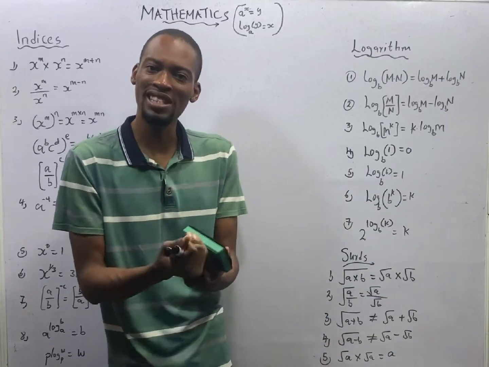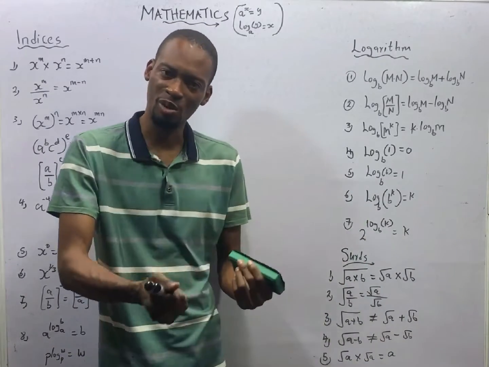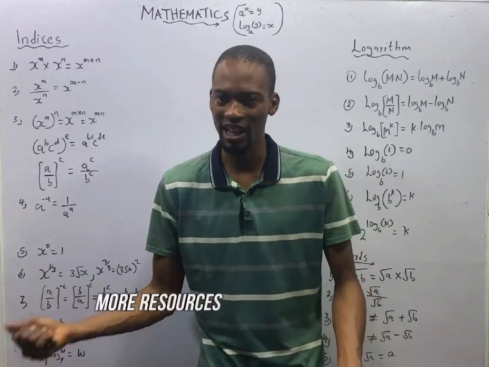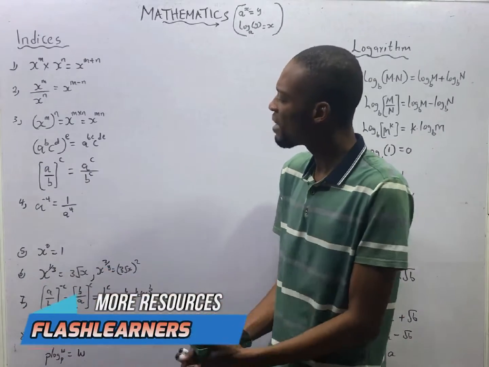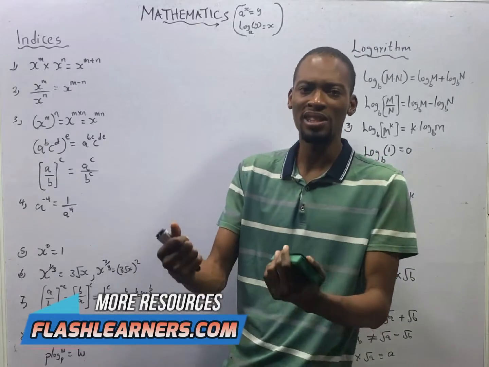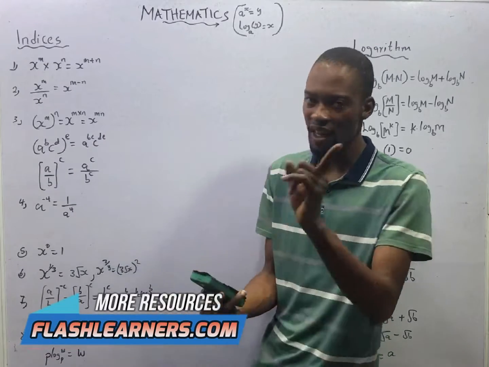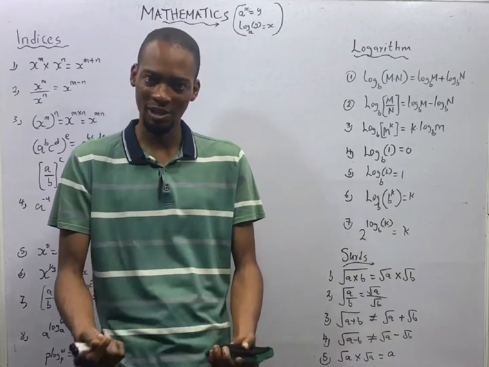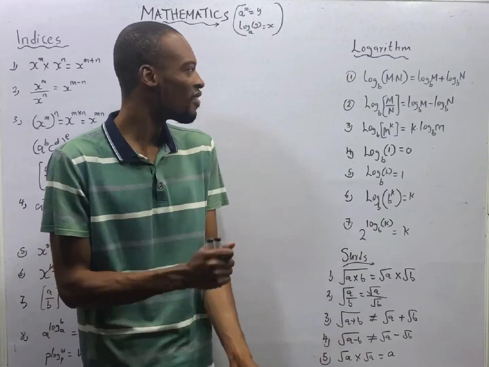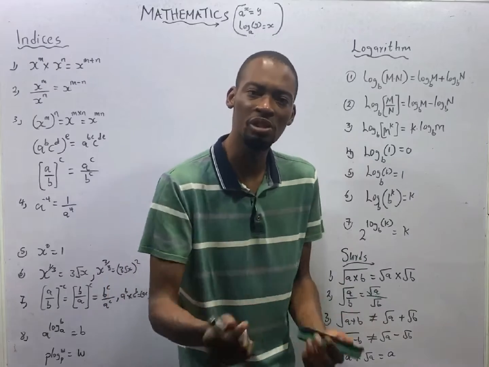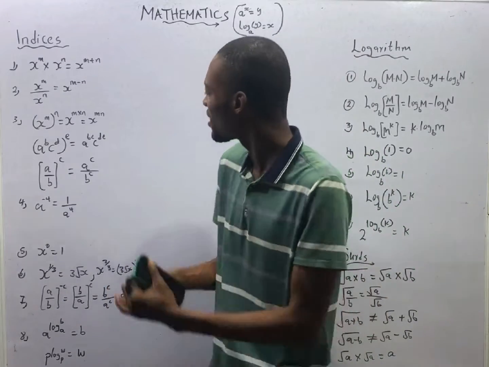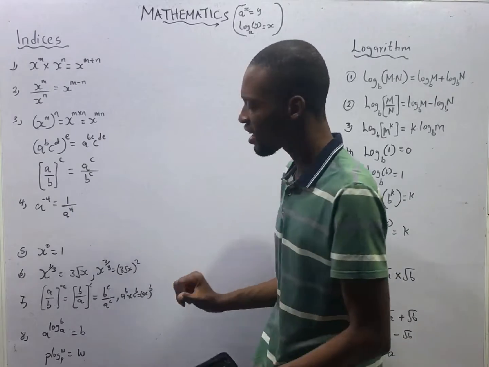Your knowledge of indices, logarithm, and surds will either make or mar your mathematics career. The reason many persons have problems in mathematics is that they don't have the background or the foundation. What is the background? The background is number and numeration, approximation, percentage, business mathematics, indices, logarithm, and surds.